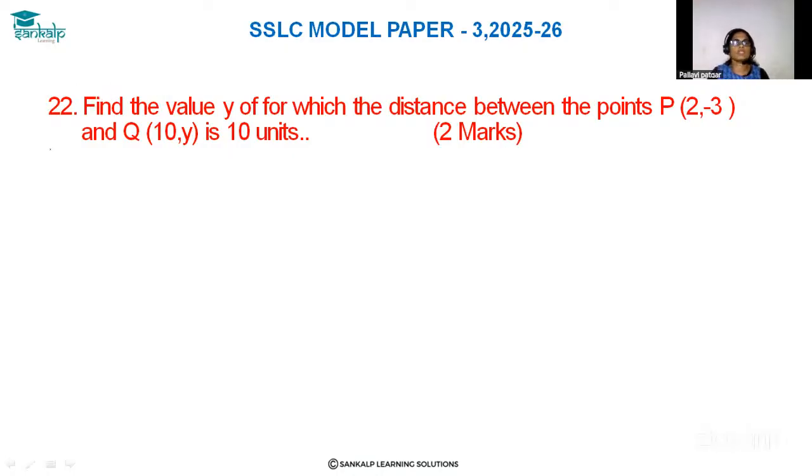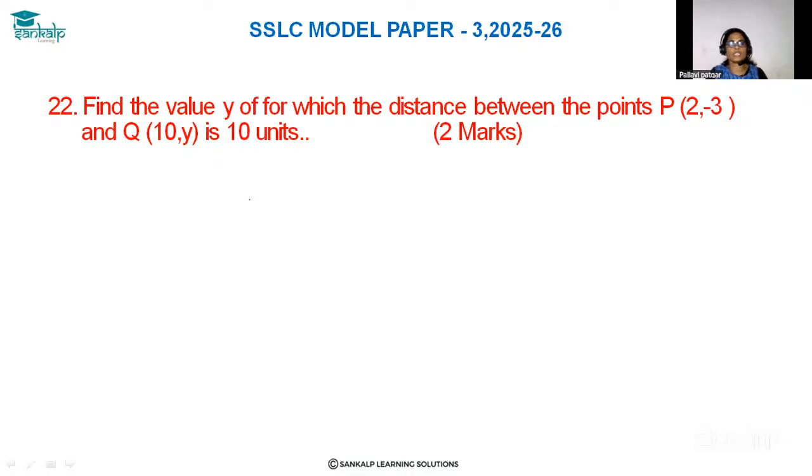Hello everyone. Look at question number 22. Find the value of y for which the distance between the points P(2, minus 3) and Q(10, y) is 10 units.